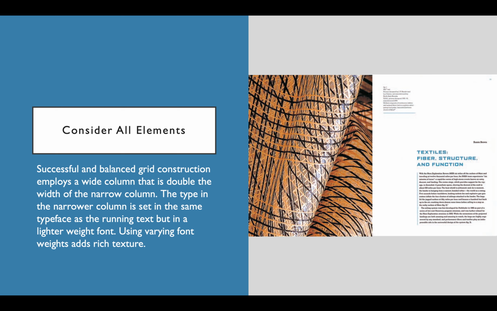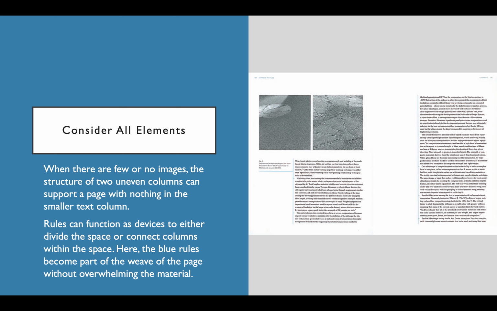And it's the same typeface, so we know that there's a relationship between these parts of text. And then we've got the header, which is in a different typeface, but it shares a color with these lines that are used to convey meaning. So there's a lot of different weight and different visual information, but the way that it's set on the page makes it really easy for the viewer to understand.